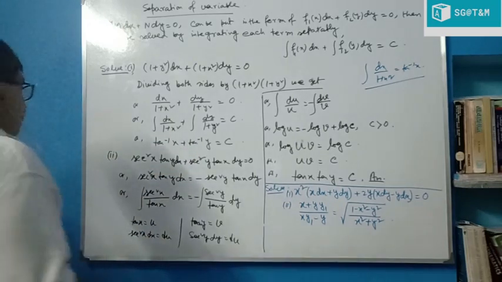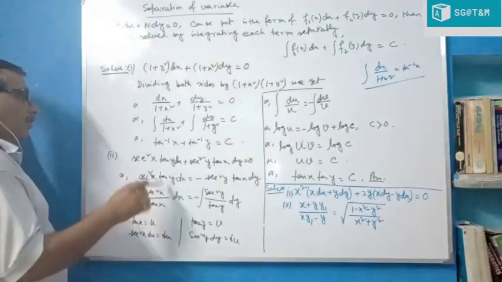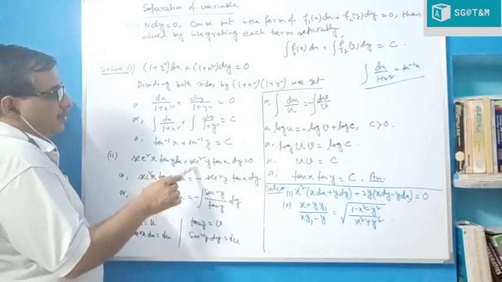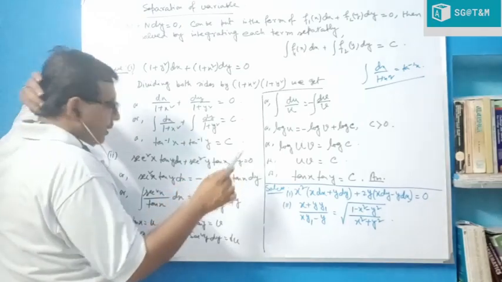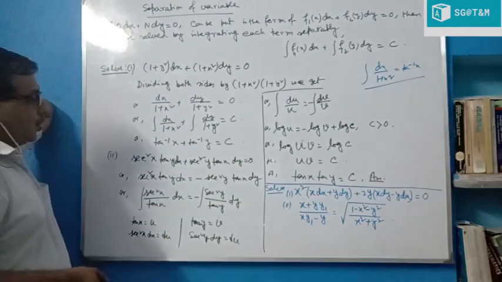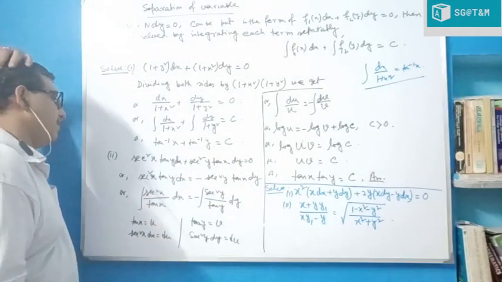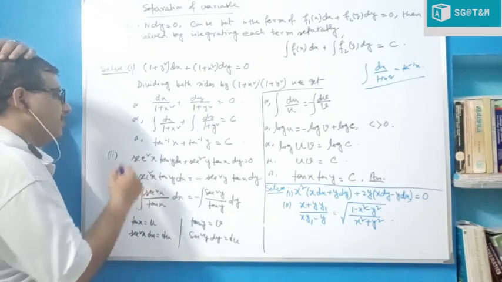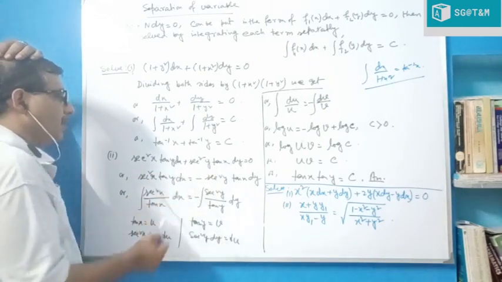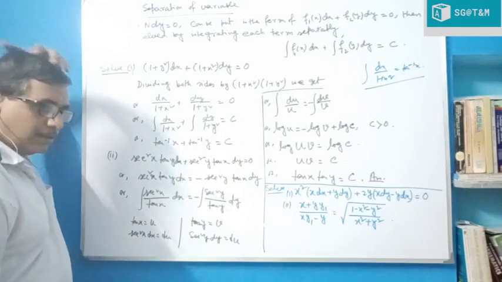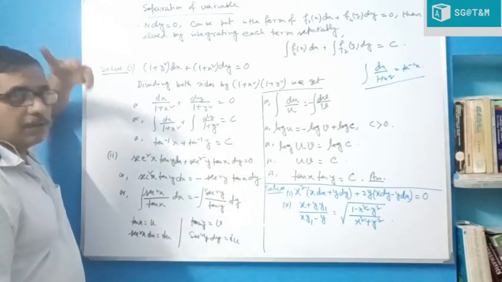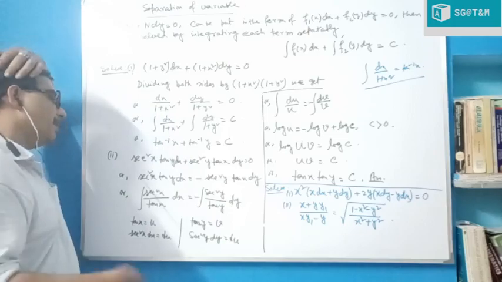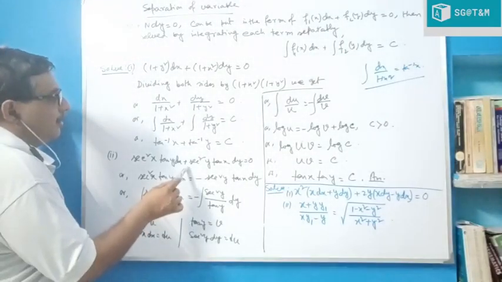Next, second question: sec square x into tan y into dx plus sec square y into tan x dy is equal to 0. Here is the same problem. If tan y were not present here and tan x were not present here, then we would get the answer very easily by integrating both sides. To overcome this, we take one term to the right hand side.